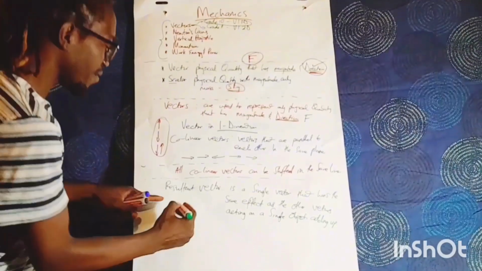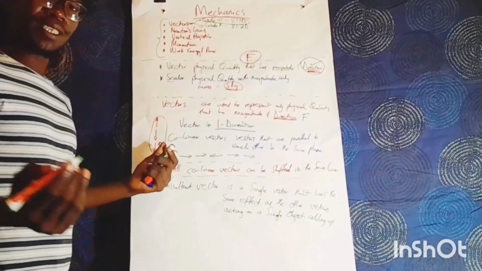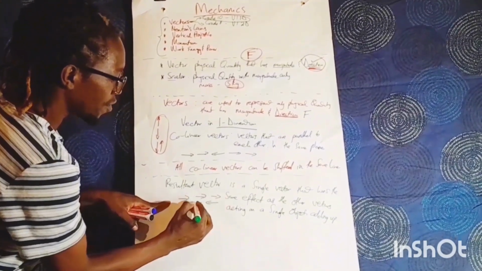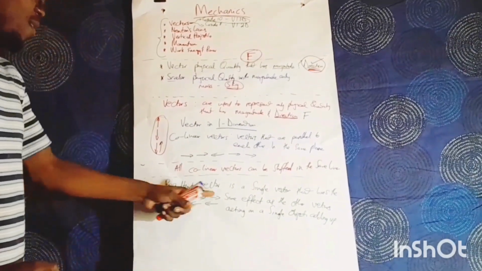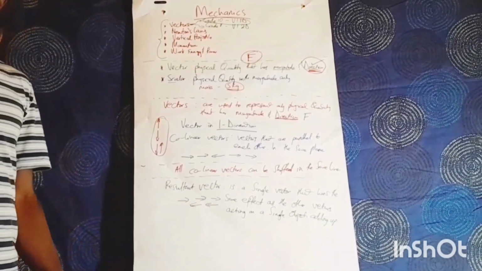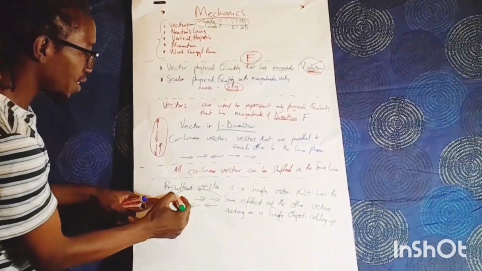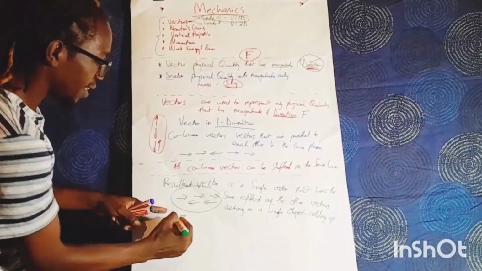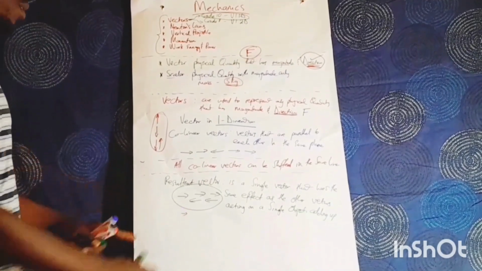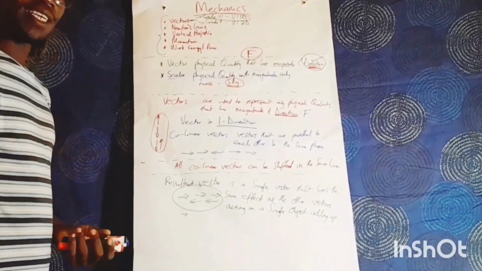So I can be having 5 vectors acting on a single object, right? Maybe I can be having 1, 2, 3, 4, 5 vectors, right? So as I'm having 5 vectors, I can have one vector that represents all these vectors. Maybe it can be like this. So this vector can be seen as the resultant vector because it is representing all the vectors, right?